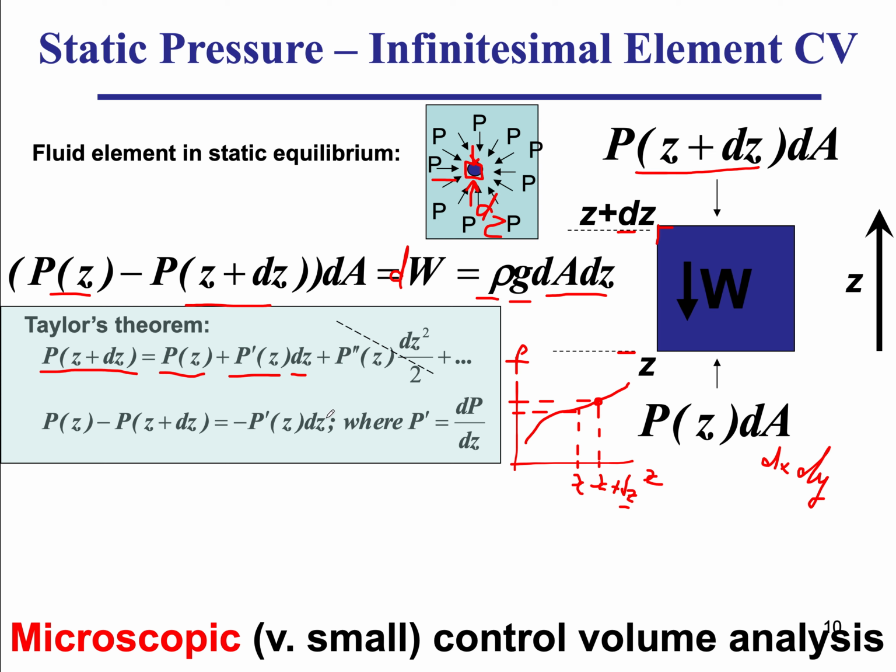So for the time being, we're just going to substitute for this term using Taylor series expansion, which gives me partial p by partial z times delta z.